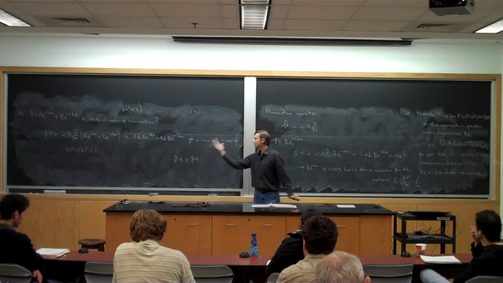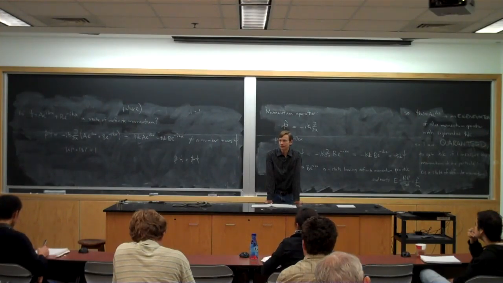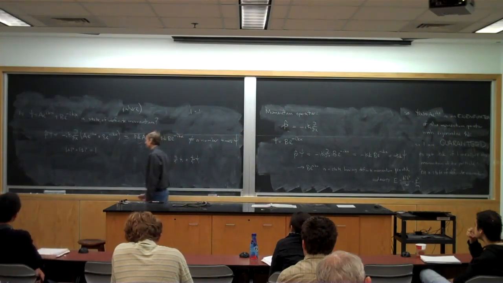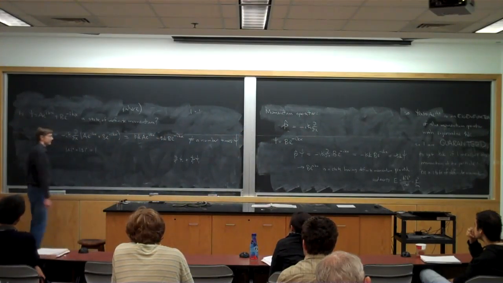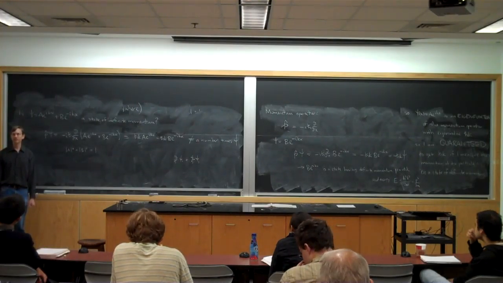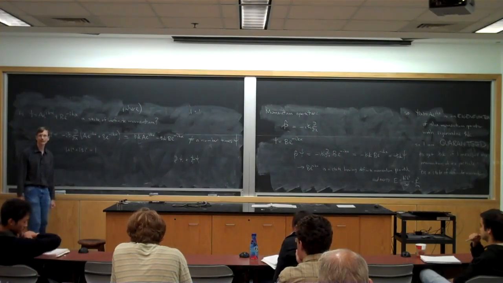If we make them add up to 1, then a squared represents the probability of getting h bar k and b squared the probability of getting minus h bar k. So how would I make it a 50-50 mix? If I want a 50-50 mix, what do I do? 50% chance of getting h bar k, 50% chance of getting minus h bar k.